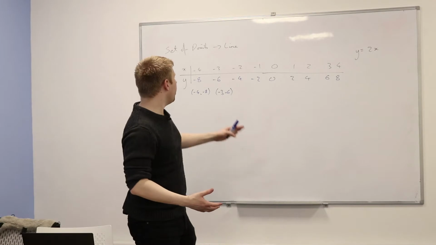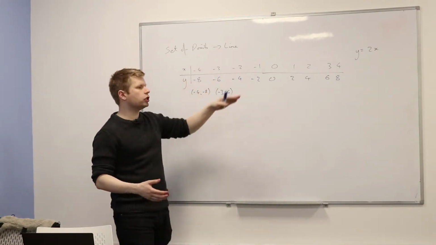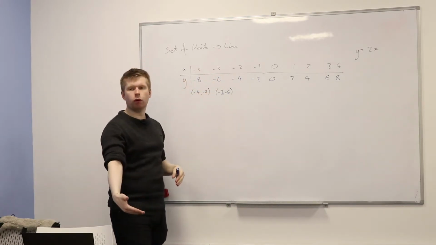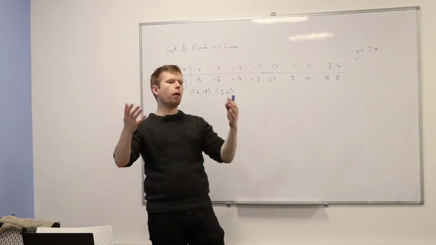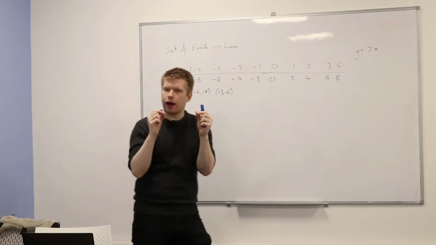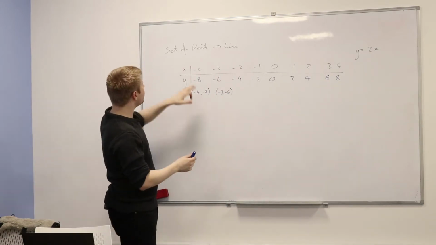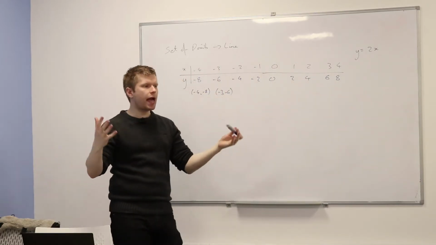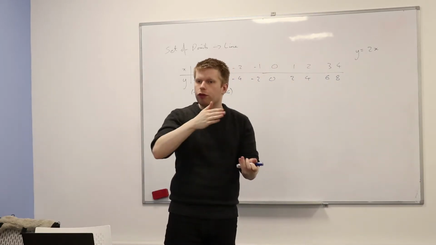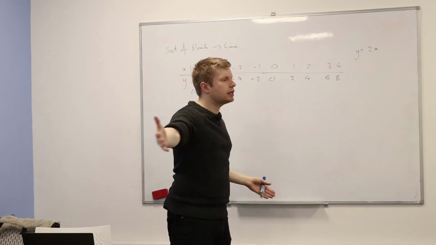Now, are you happy that I've just chosen to do all of the integers between -4 and 4? Okay? I could have stuck in -3.5, or I could have stuck in -1.8. It doesn't matter the degree of accuracy. So if I was going to plot the set of points, I would use the full set of the x's, the real numbers, okay? All of the numbers between -infinity and infinity.